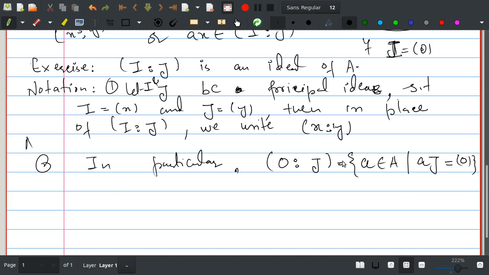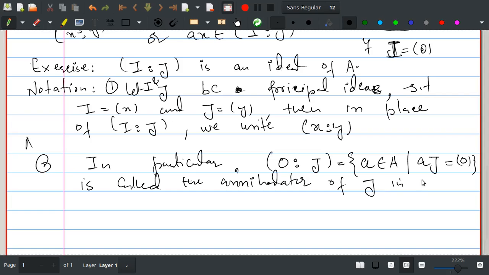So this is the annihilator of this ideal J. It is called the annihilator of J in A, and is denoted by an of J. So this is the definition of annihilator.